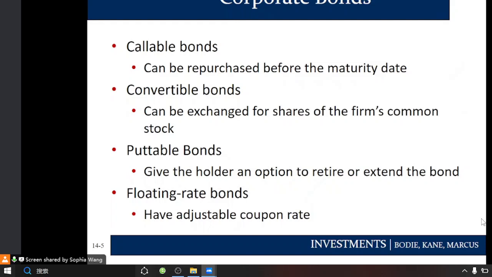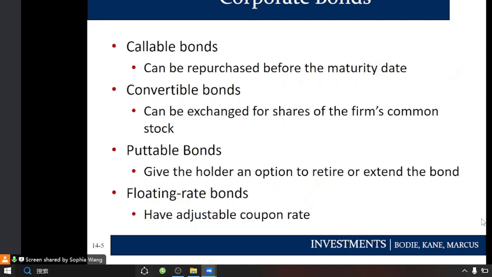But maybe after 1 year, the interest rate in the bank is decreasing. Maybe it's just 1%. In this case, the coupon rate in the company will also decrease. So maybe the company is a little regretful about that.